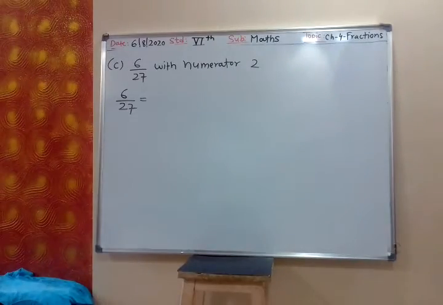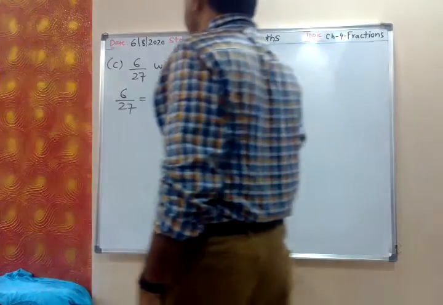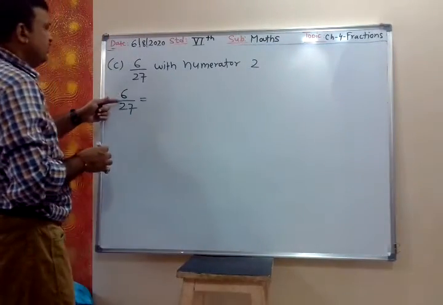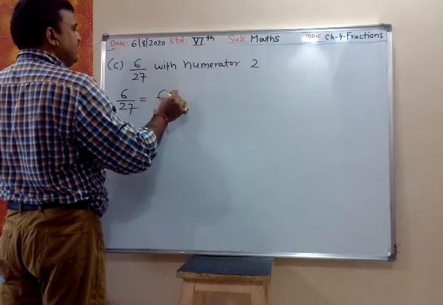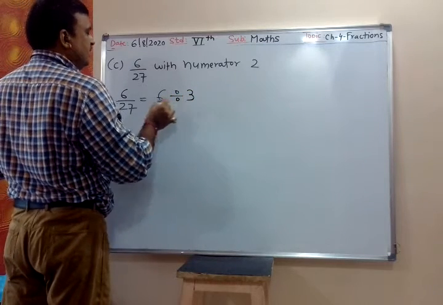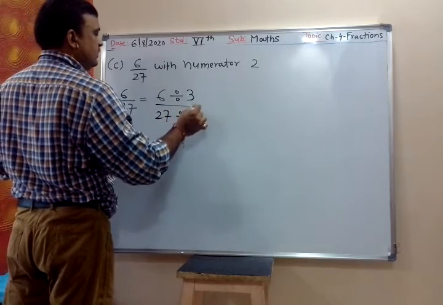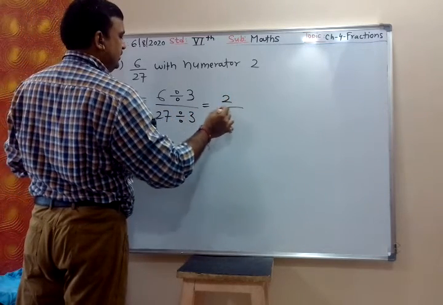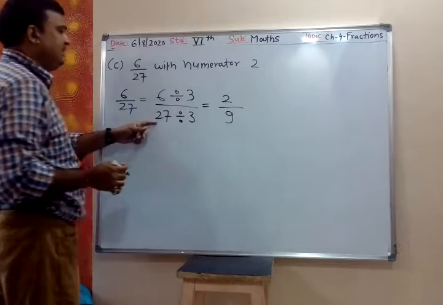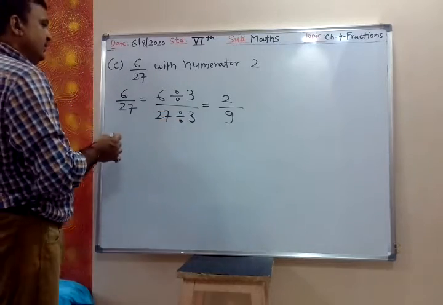Now it is clear, right? 6 upon 27. To convert 6 into 2, I will divide 6 by 3, and the denominator also by 3, so that is 2 upon 9. 27 divided by 3 is 9.